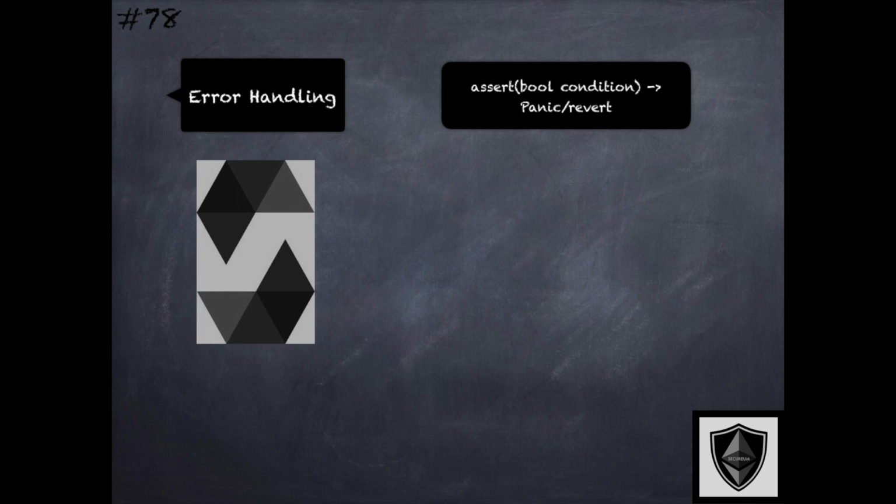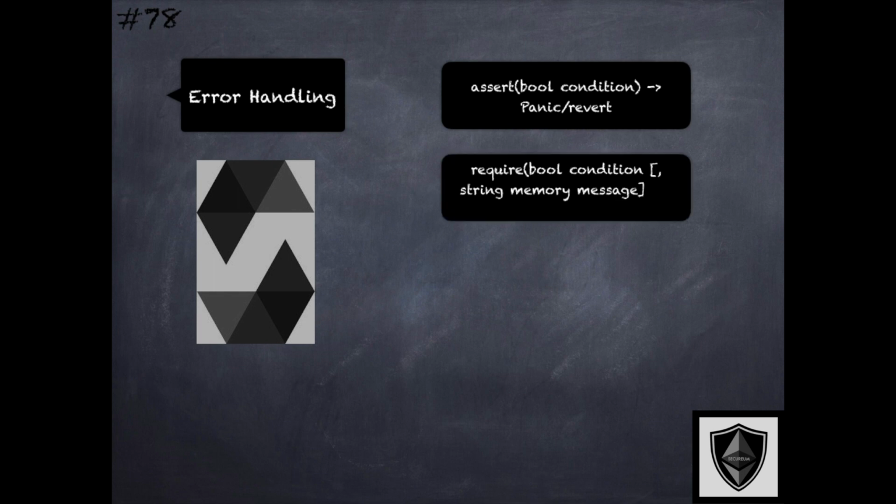This is in contrast with the require primitive, which is another error handling primitive supported by Solidity, which also specifies a condition that gets evaluated at runtime. And if that condition evaluates to false, as in it fails, then it again raises a revert that reverses all the state changes made to the contract so far, similar to the assert primitive.